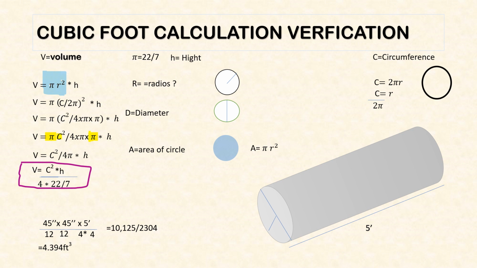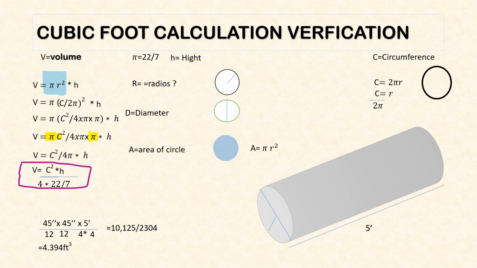So again 45 divided by 12, that is, you have to convert this to feet. So that is why it is divided by 12. So either way, if you divide it and multiply it by 5 feet, or when you multiply 12 by 12 by 4 by 4, you will end up with the same answer.